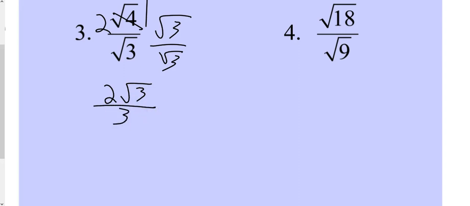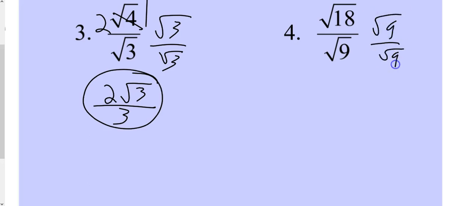Again, if you need to do radical 9 first, go ahead and do that. But if you see the shortcuts, save yourself some time. Now, you might first go, wait a minute, this is radical 9 over radical 9, and then multiply. But that's a very long way to do it.